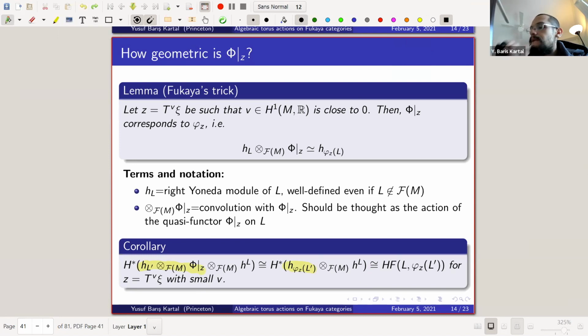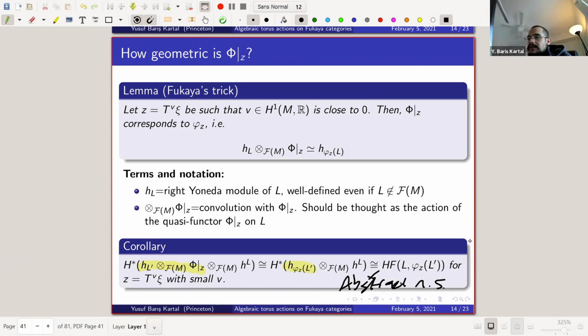This part is just abstract nonsense. Because if I convolve the right unit module with the left unit module, I get the Floer homology group, or just the hom set. If I extend the Fukaya category by L and phi Z of L prime, just to emphasize, I'm not extending it again, but anyway.